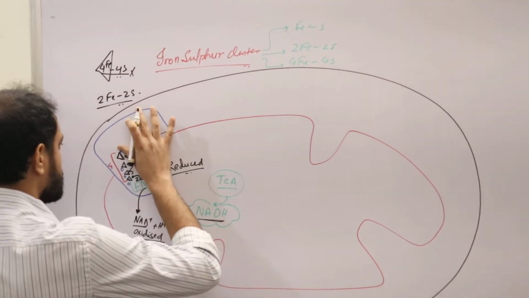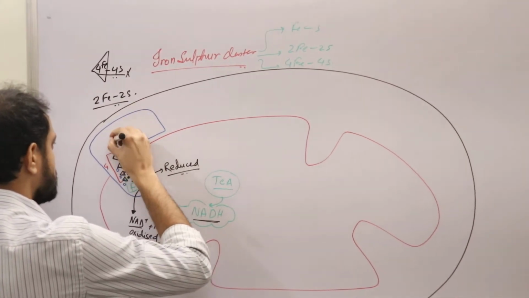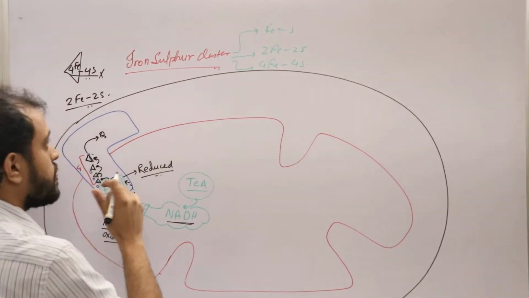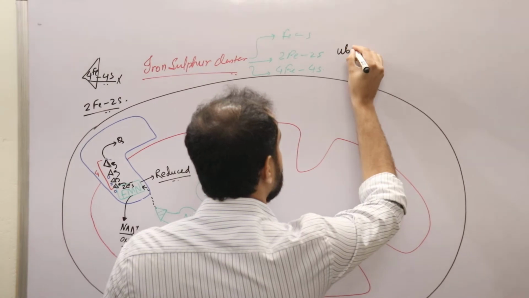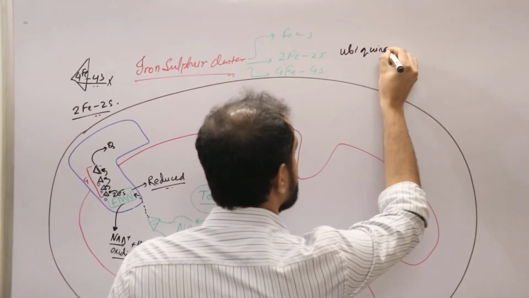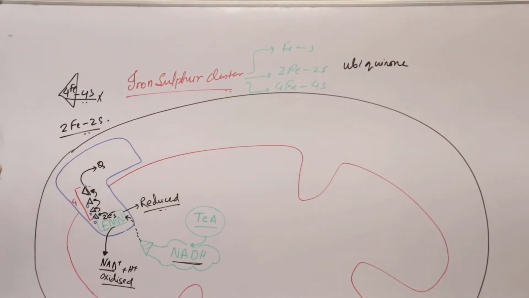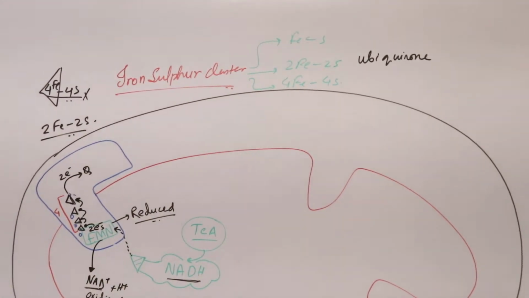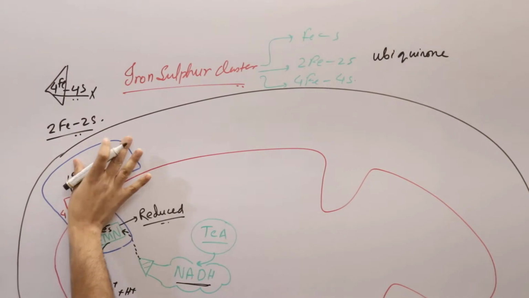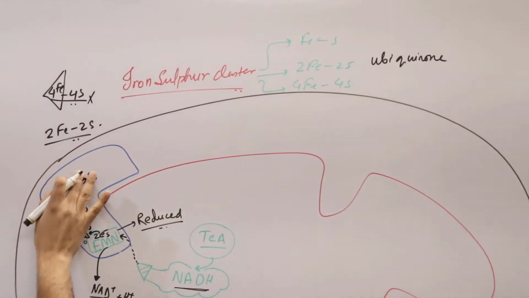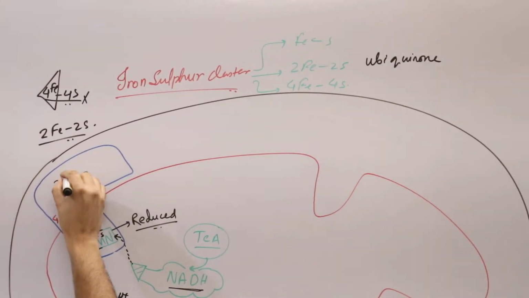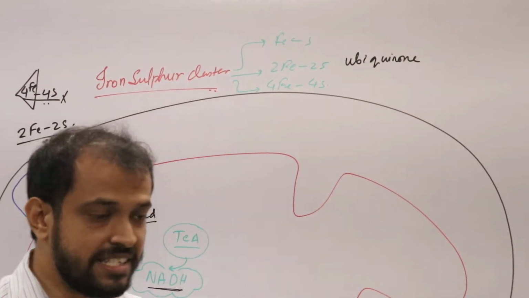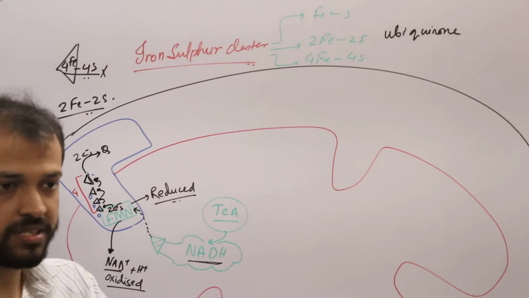This 4Fe 4S cluster now passes on its electrons to ubiquinone. You should understand one thing, how ubiquinone changes its form when electrons are added to it.